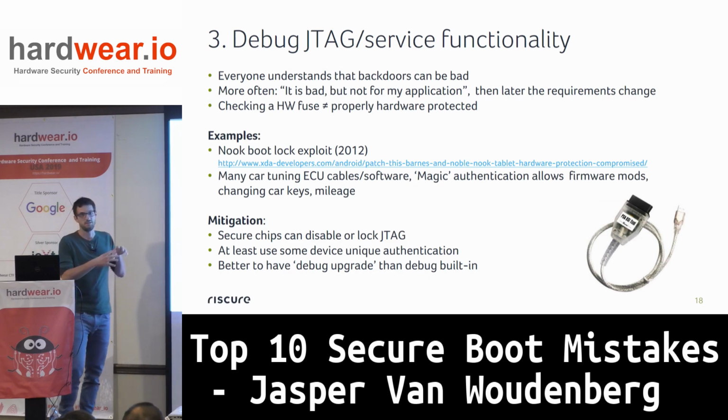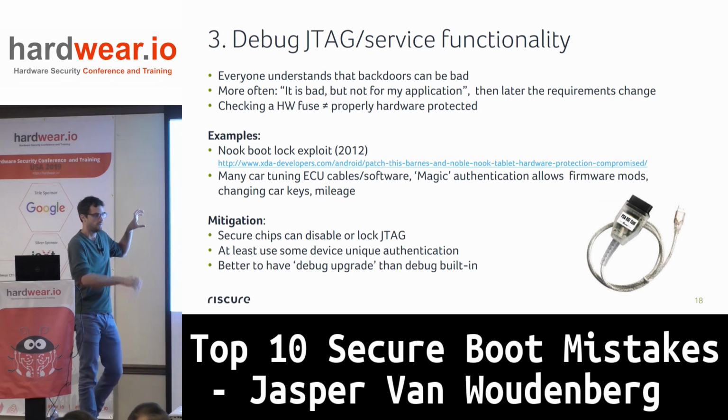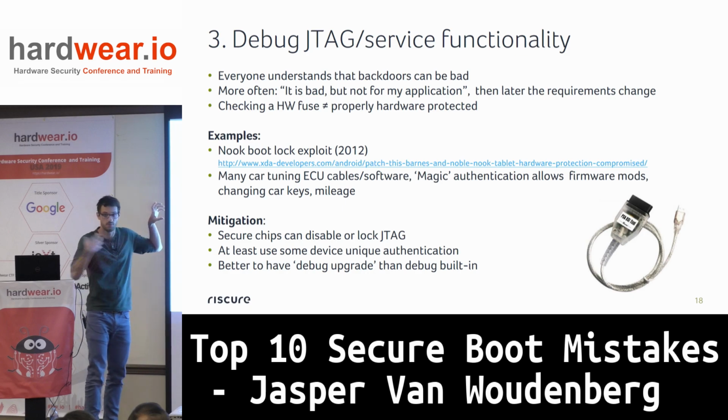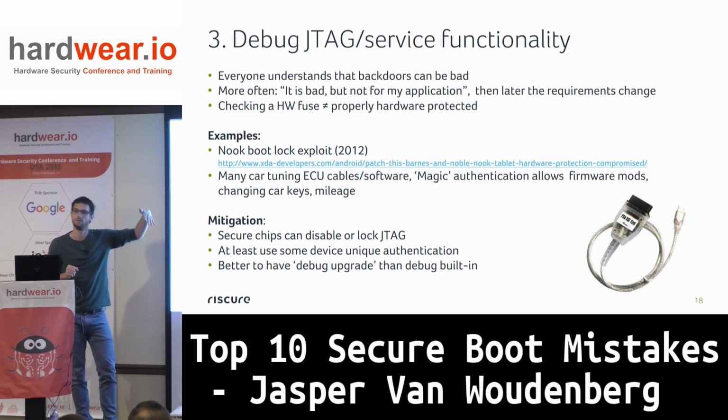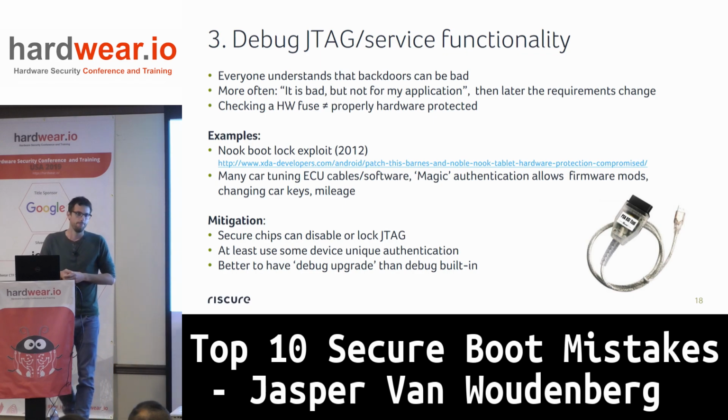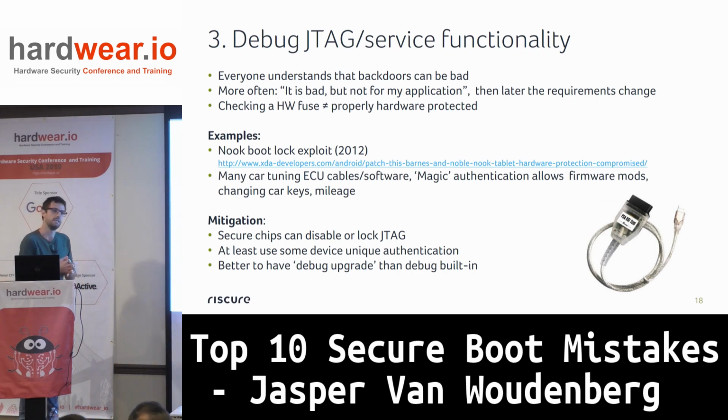You could also imagine that in that chain of trust, you hold in your manufacturing facility a special debugging image, which is also signed, but that's where you put all the debugging functionality in, and you don't put it all into production. Eventually, these things tend to leak, but it mitigates it somewhat.